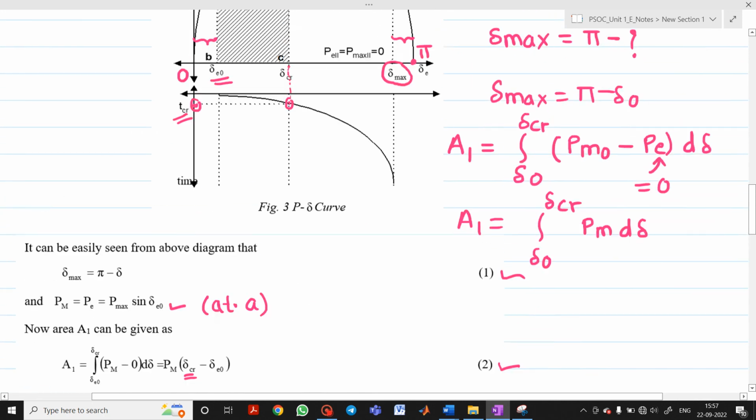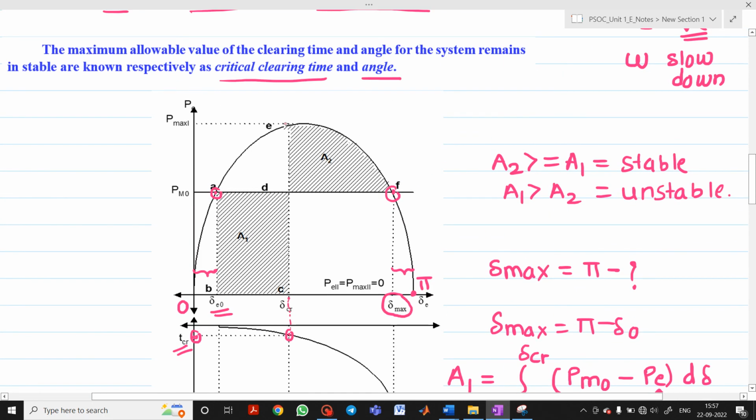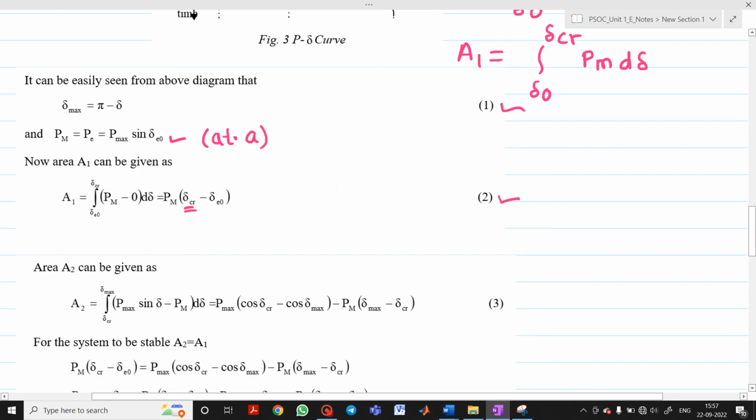Now how will you find area A2? If you see, the upper portion of the curve is nothing but your PE. What is the lower portion of the curve? PM0. So can I write it like this? A2 will be equal to the integral from delta CR to delta max, where the upper limit is PE and the lower limit is PM. What is PE? PE equals P max sin delta, so it is written here as P max sin delta minus PM.